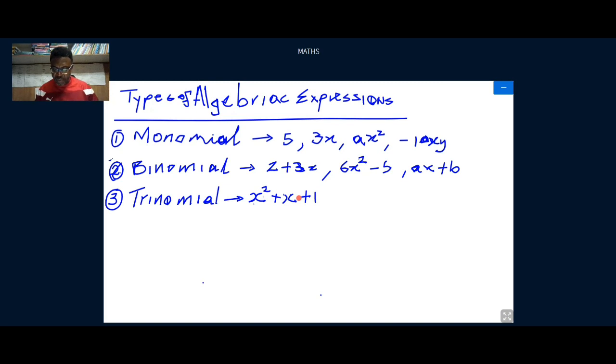Well, you can have different types. You can have ax plus by plus cz.